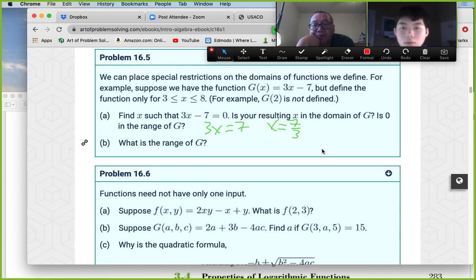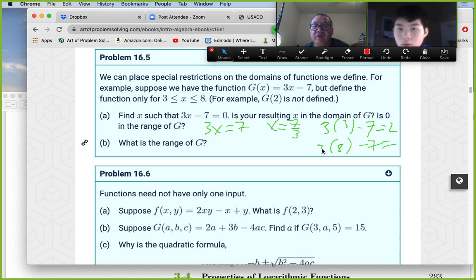When you plug x equals 3, see what you get. Then plug x equals 8, what do you get? Because this function is a linear function, right? So you give the input for x, then you get the y value. These two y values should be the boundary of the range.